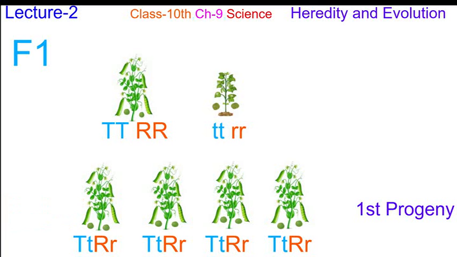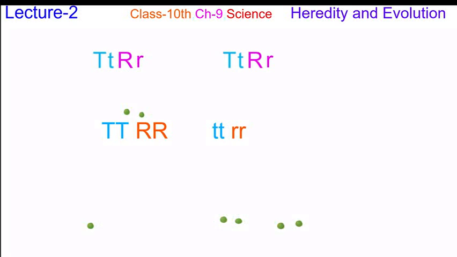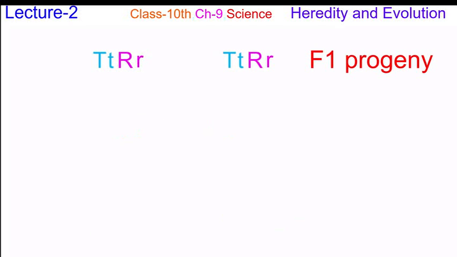Next, let's see different possible combinations of traits in the F2 progeny produced by interbreeding from the F1 parents. Here, the parents' traits are capital T small t, capital R small r, and capital T small t, capital R small r.